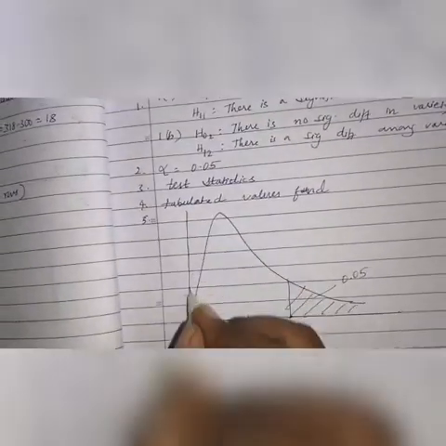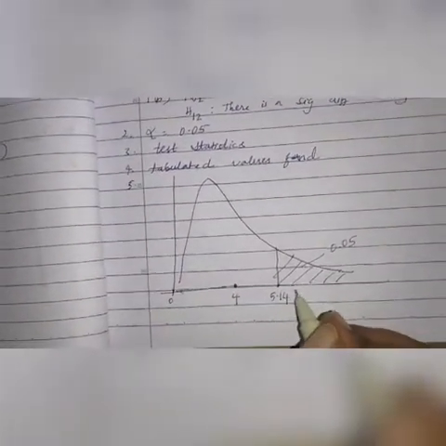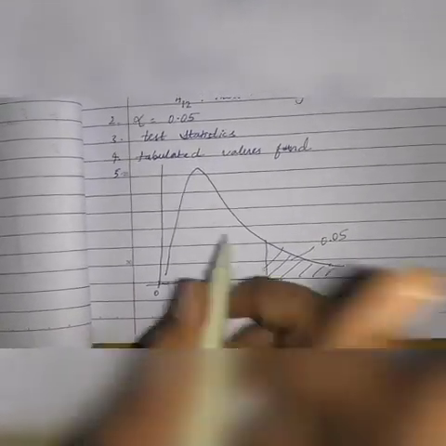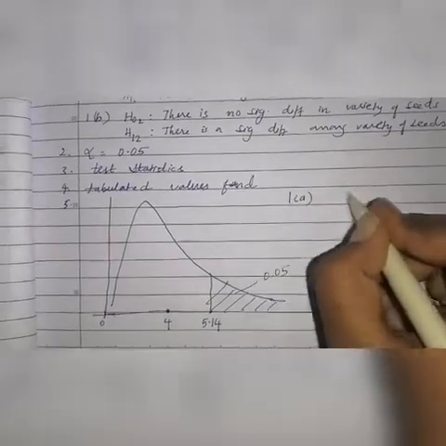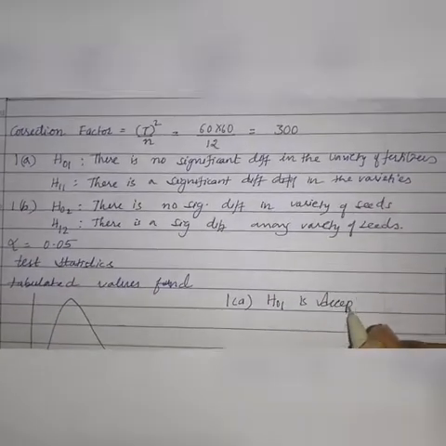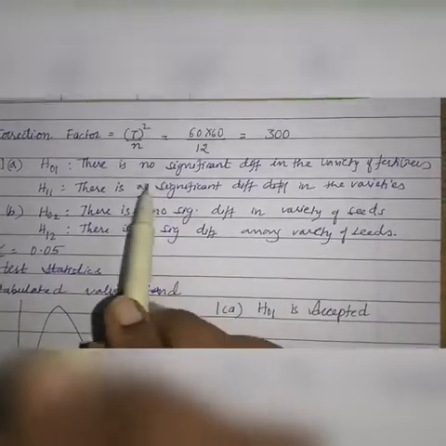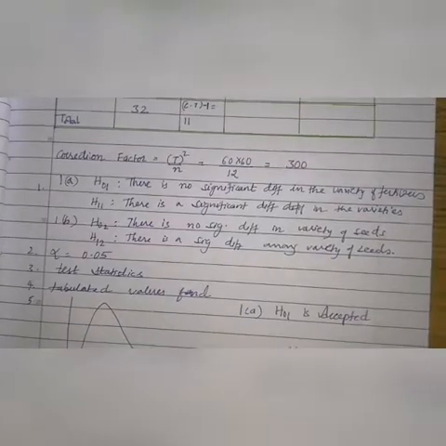So the calculated value will fall outside the rejection region. If this is 0, 4 is here and 5.14 is here. So this is falling in the acceptance region. So the first hypothesis, H01, is accepted. We are telling there is no significant difference in the variety of fertilizers.